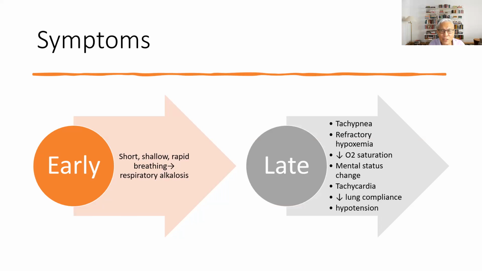But in these patients, they do not go up. So this is what's known as refractory hypoxemia. It could also be reflected by a decrease in O2 saturation, as well as mental changes. Now, remember that whenever you're taking care of patients, a decrease in mentation is usually as a result of poor oxygenation.